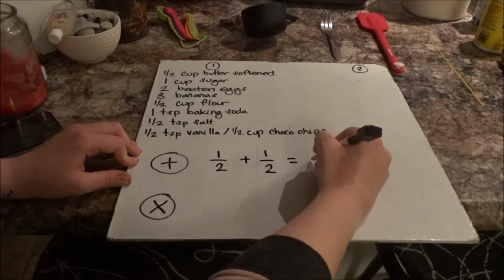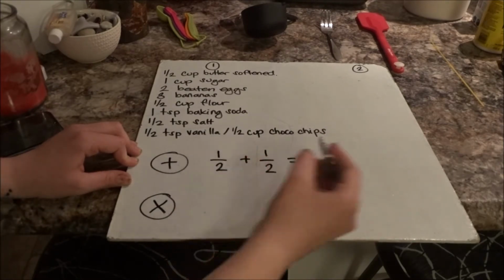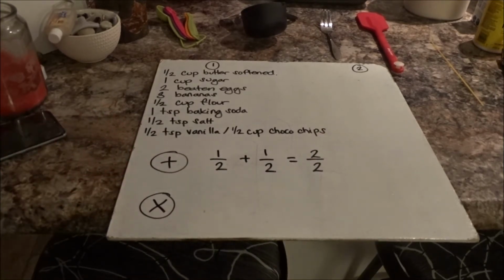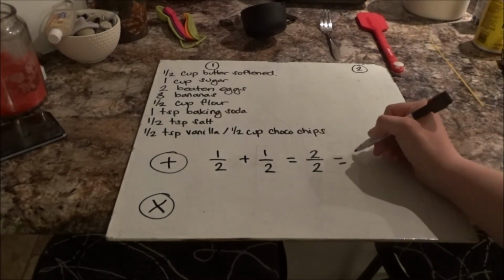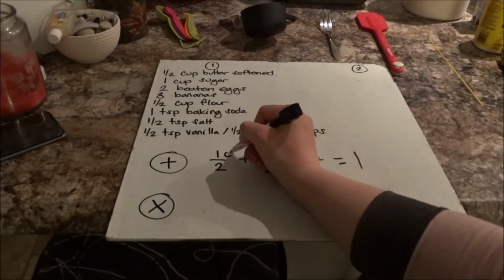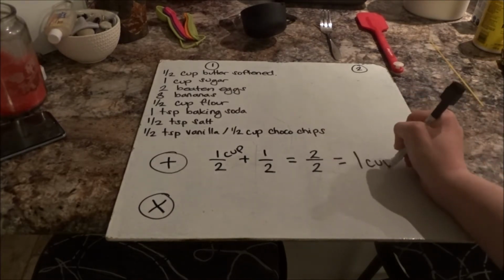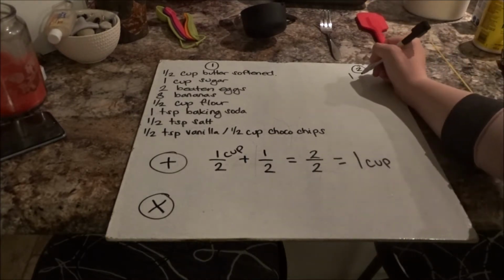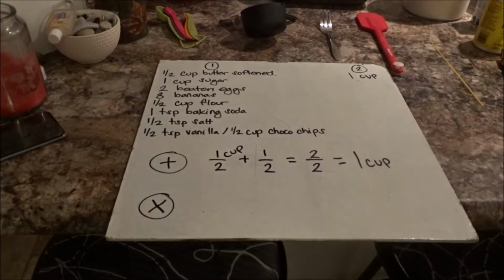So that would equal, your denominator stays the same, and 1 plus 1 equals 2. Which creates the whole fraction, because it's 2 over 2, it is actually the equivalent to 1. So instead of it being half a cup, when we're doubling it, we're actually going to do a full cup. So we know we are going to need 1 cup of butter to double this.